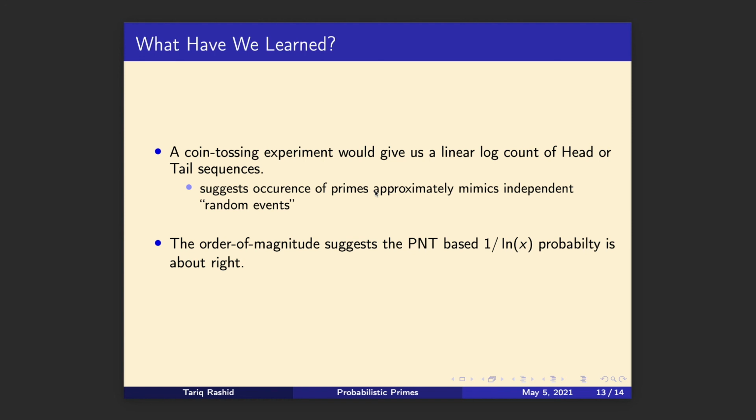If we were tossing coins, for example, and wanted to model the number of chains of all heads or all tails in a long sequence, say if you had 100 goes, and we said, okay, how many chains of all heads of size 2, 3, 4, 5 do we get? We'd end up with the same linear expression when we think about the log of the count. So that's not special to the primes. That's just what you get when you model sequences of independent events.